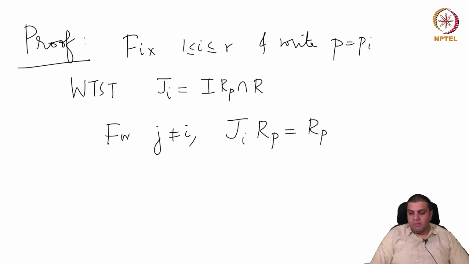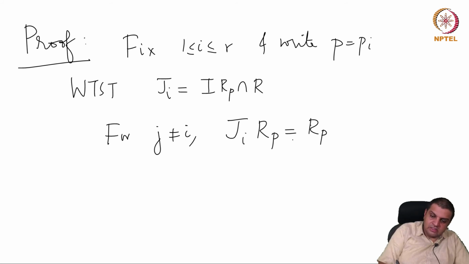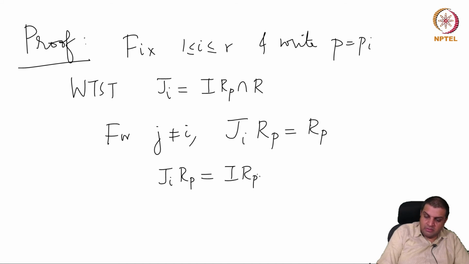Remember P is a minimal prime, and Ji for this property means that its radical will contain an element which is not inside P. Therefore, it will contain an element which is not inside P, because the complement of P is multiplicatively closed. Therefore when you invert the complement of P, something inside Ji would get inverted and it will become the whole ring. So using this one can check that Ji R localized at P is exactly I R localized at P.